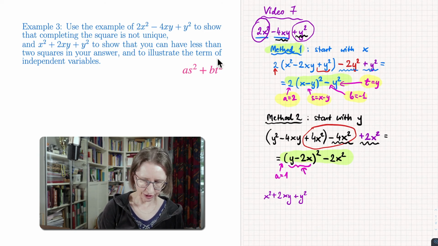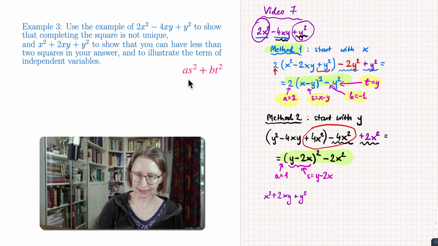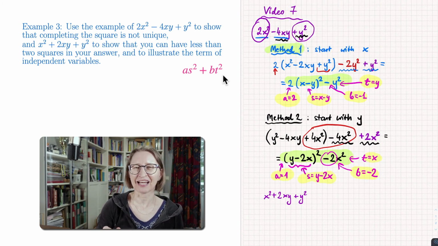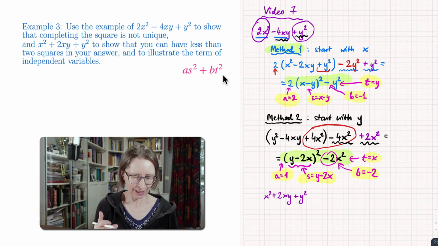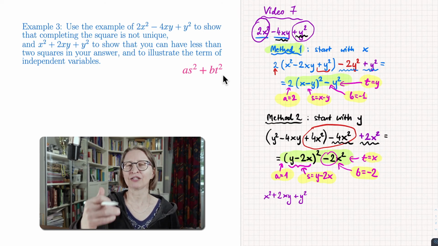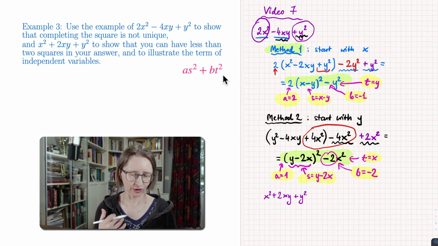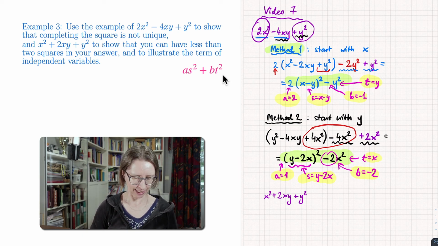This first variable s is equal to y minus 2x. b is equal to minus 2, and t is equal to x. So you have a different representation as a completed square if you start with x and if you start with y. You have two different methods which lead to different representations of the same expression.